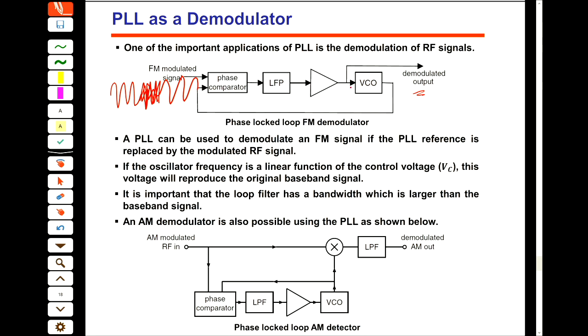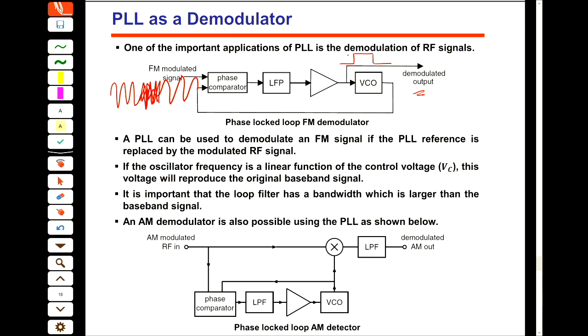And then when we apply this to the phase detector and then compare it with the phase of the oscillator, then the signal that you see in the demodulator is like this, that, okay, it shows 1 voltage and then another voltage, so 1 voltage and then another voltage and then again the same voltage.